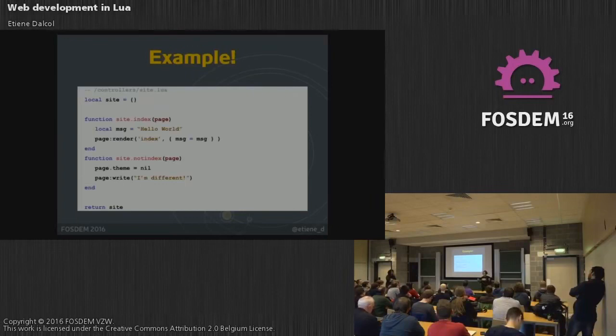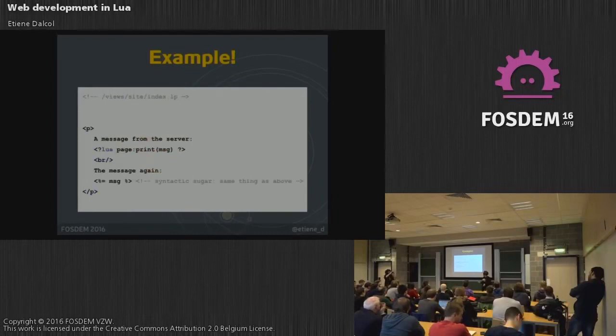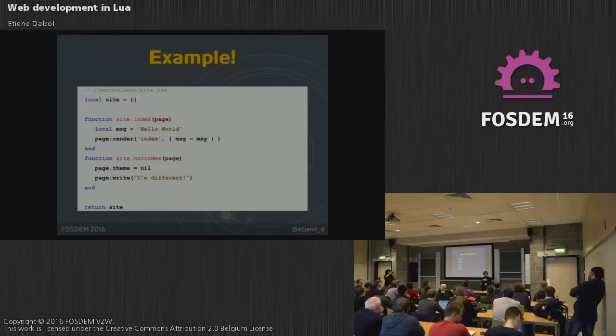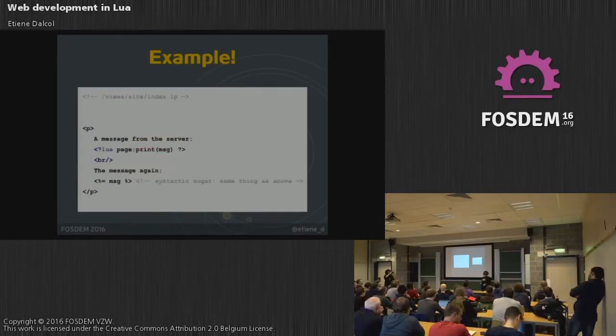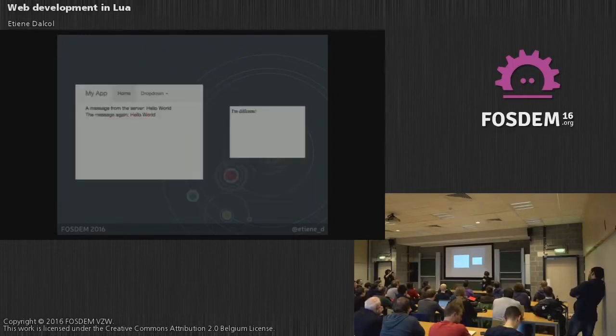What does this mean? It means if I access my application address /site or /site/index, it will run this function. If I access my application address /site/not-index, it will run this other function. And this will be the output.